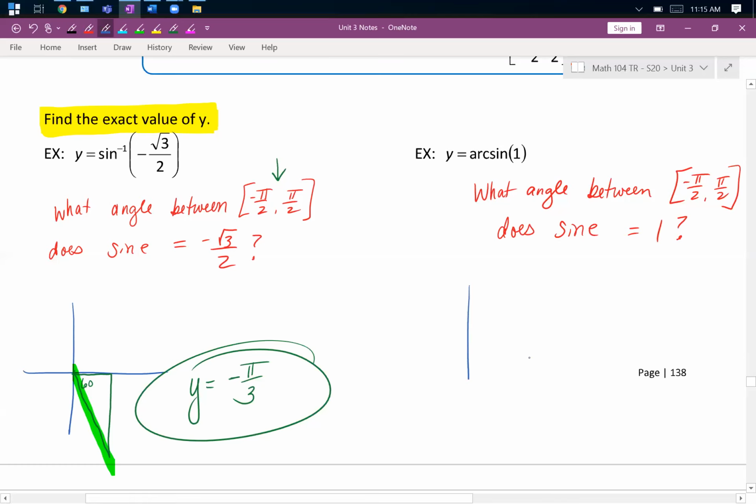Well, sine only equals -1 at one spot, right here. Is that between -π/2 and π/2? Sure is, right? It's inclusive because we have our square brackets there. Y is going to be equal to exactly -π/2.